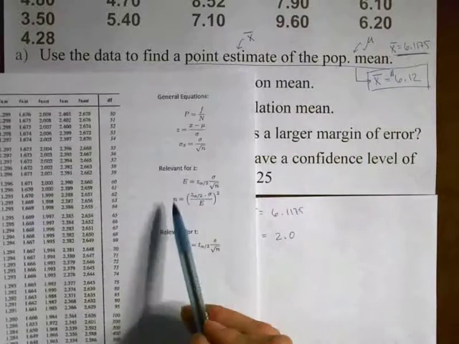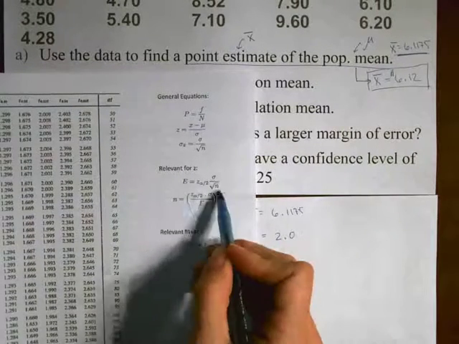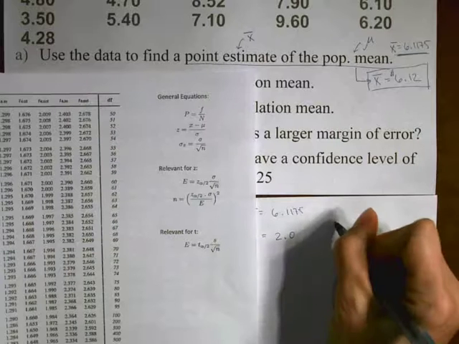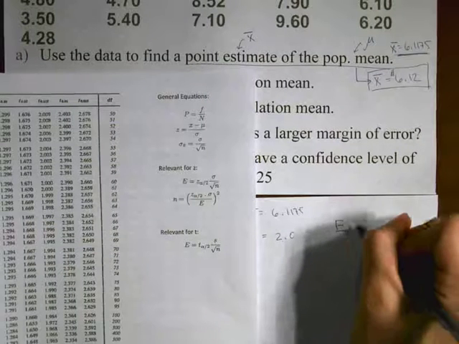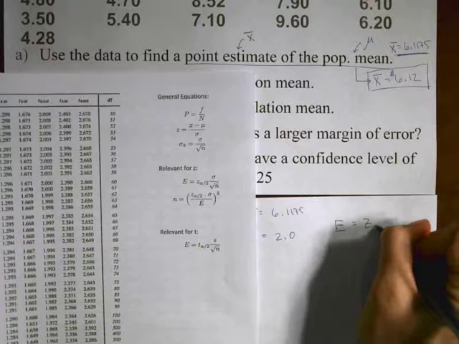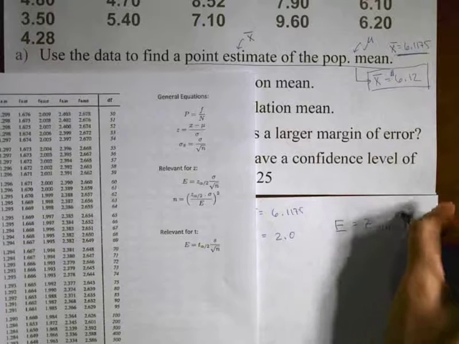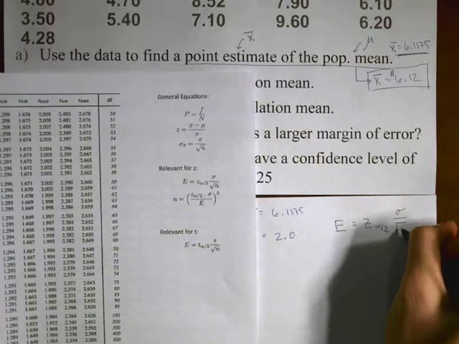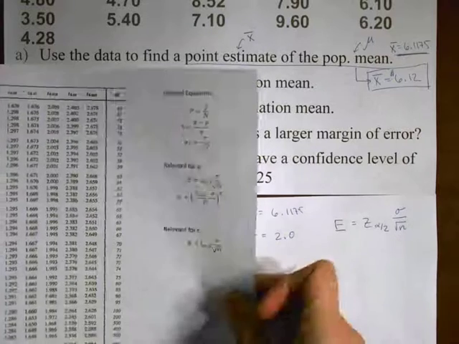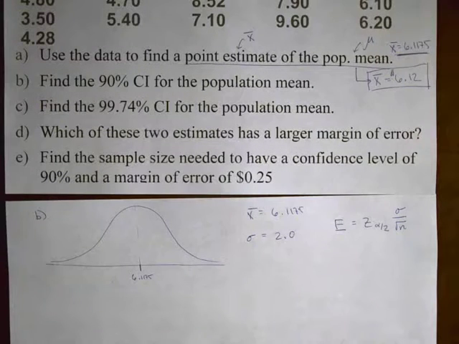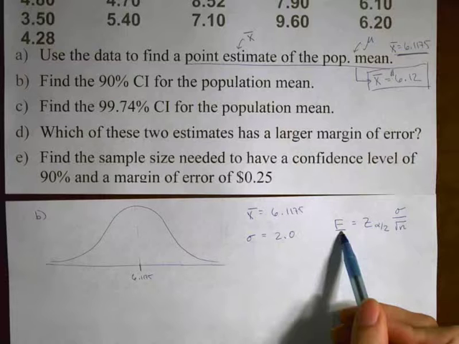And I'll come over here to my equation sheet and write down the equations that are relevant for Z. So the equation that I want to look at here is this one for E, which says that E, the margin of error, is Z of alpha divided by 2 times sigma over the square root of n.